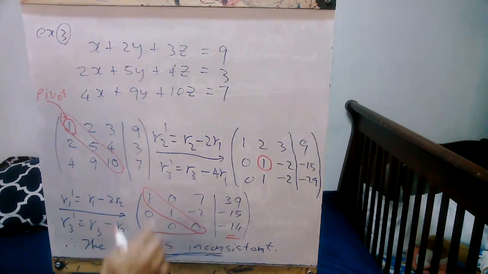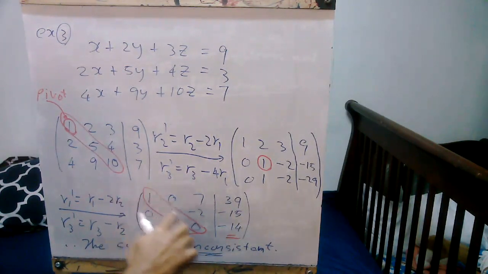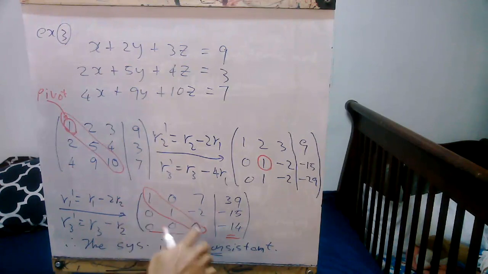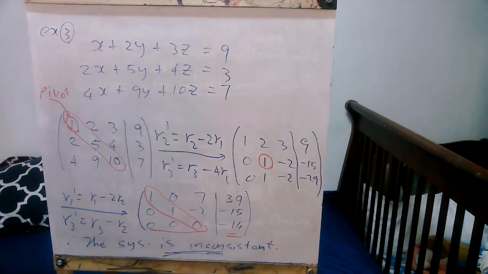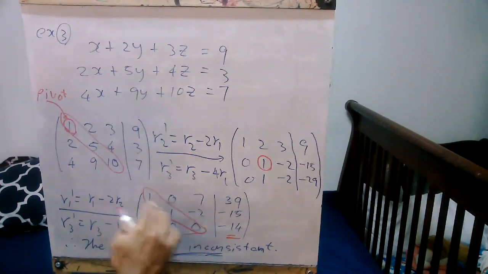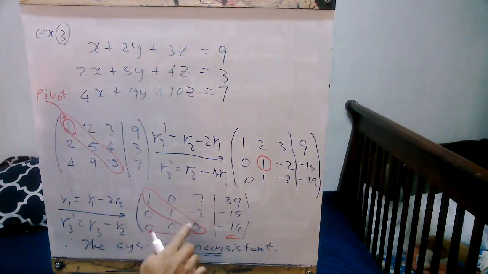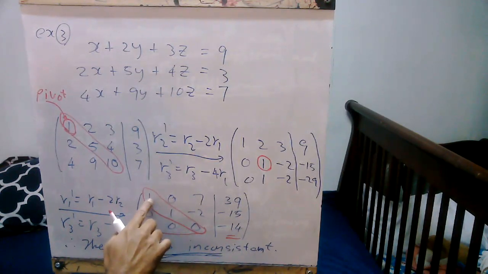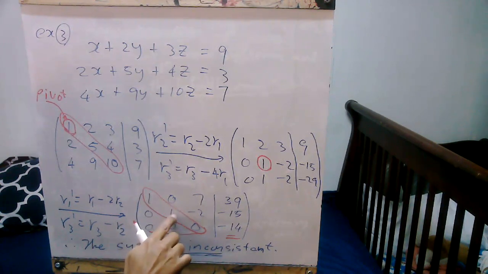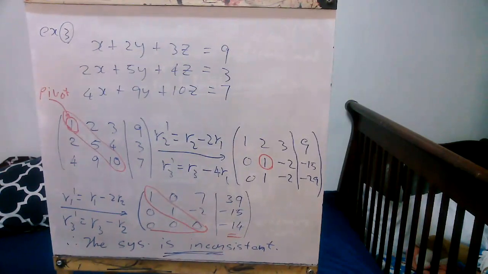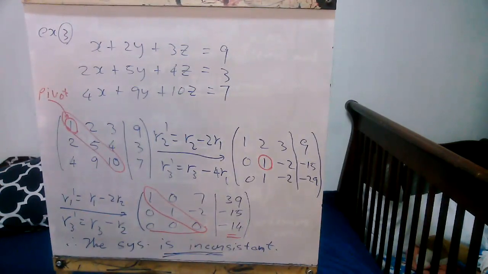So if we could arrange all of them to 1, in the order of first row first column 1, second row second column 1, third row third column 1, we call that a row echelon matrix.